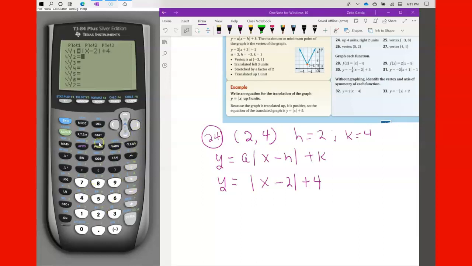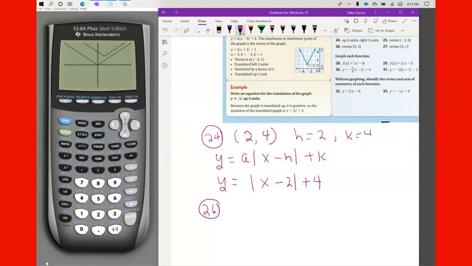I'm also going to graph the parent function, the absolute value of x. So there is a new function, there is a parent function, and it does go 2 units to the right, and then it goes up 4 units, and so there's our graph, okay?